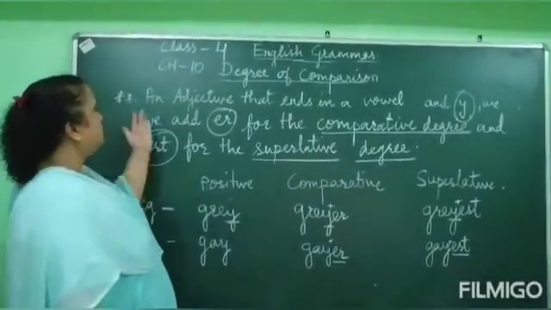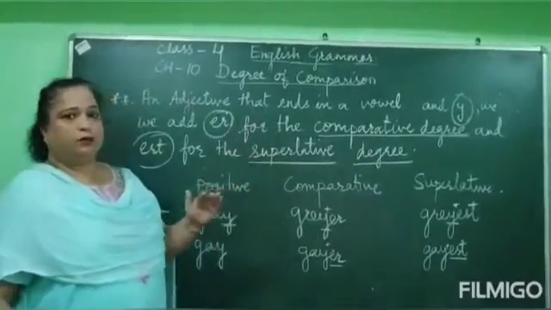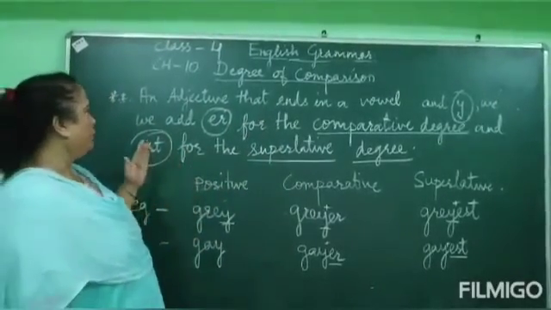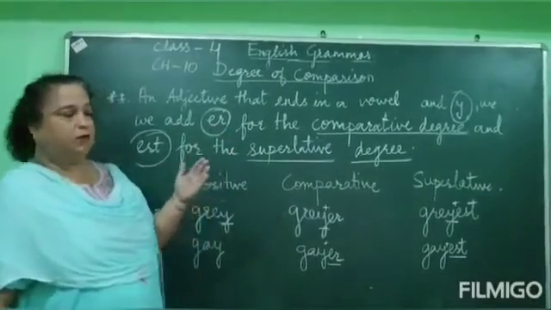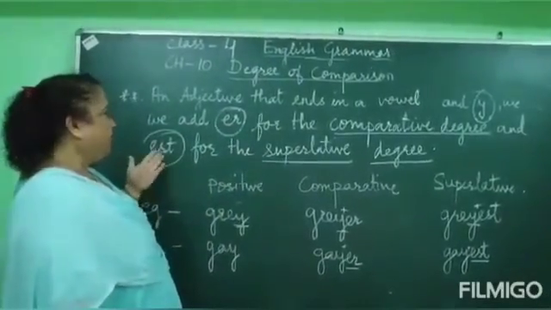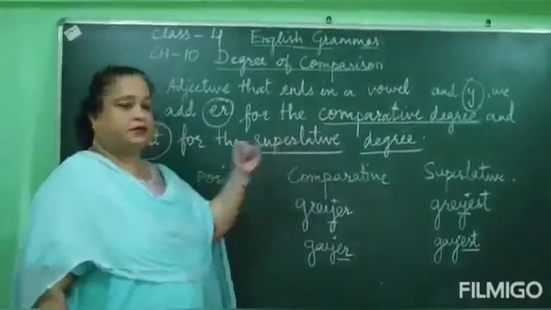The second rule is that when an adjective ends with a vowel and Y, we add ER for the comparative degree, and we add EST for the superlative degree.